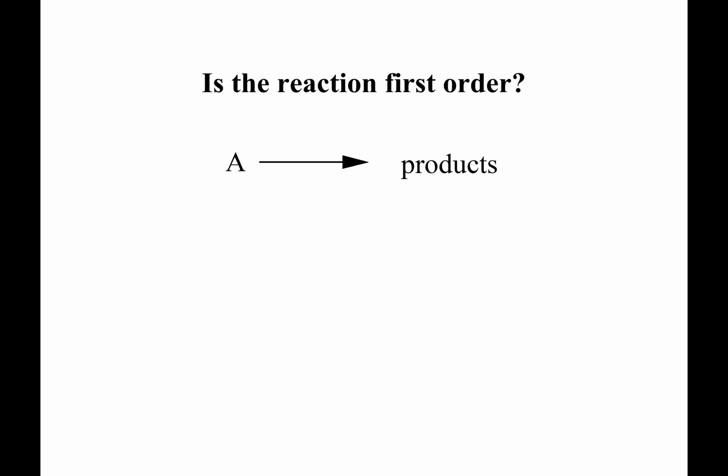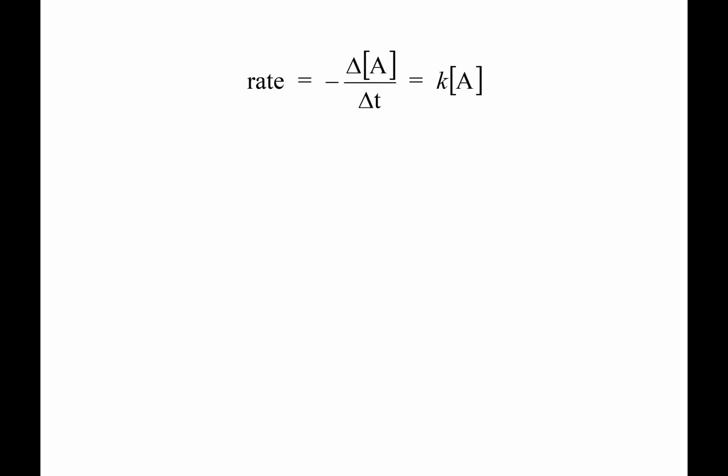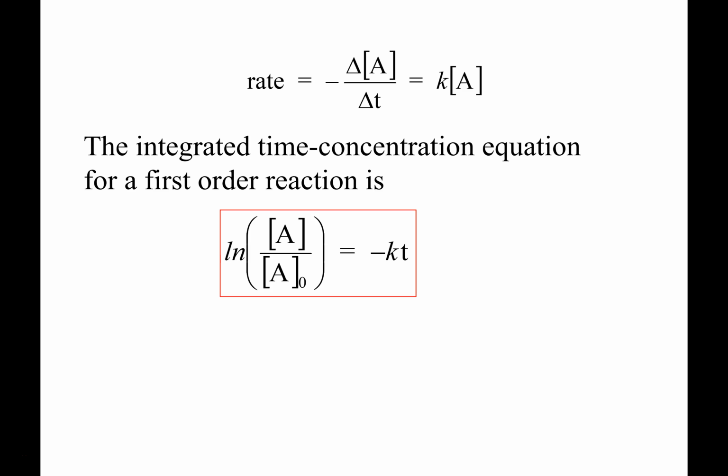All right, how about first order? First order means that the rate is equal to K times the molar concentration of the reactant raised to the first power. To get that into a form we can use for time concentration calculations, and also get ready to plot something using calculus, this is what it looks like.